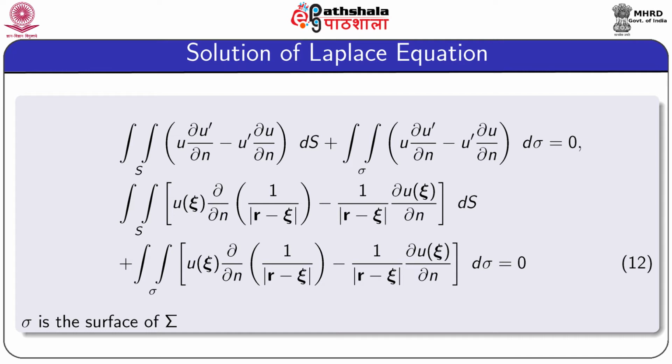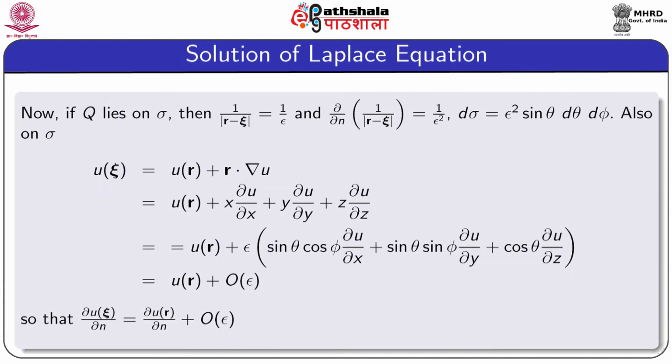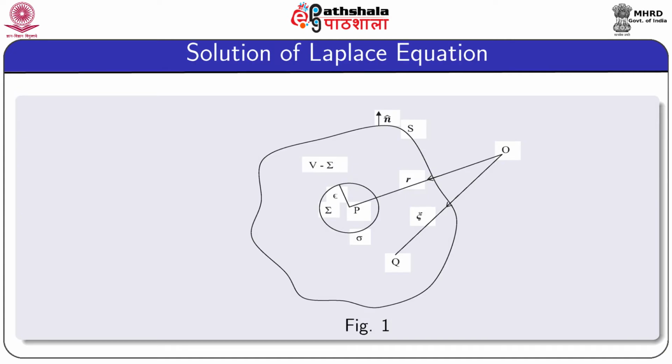Now, we can simplify this surface integral. If we take a point on small sigma, it is a point on the sphere of radius epsilon.